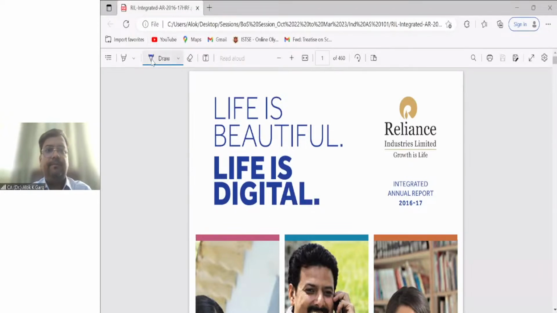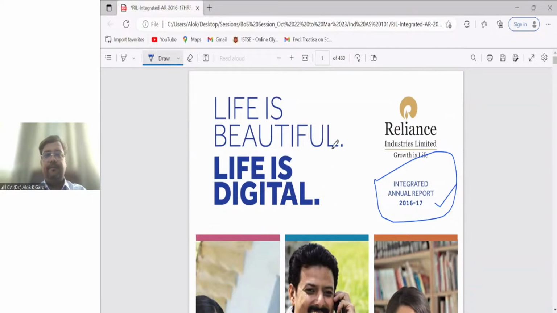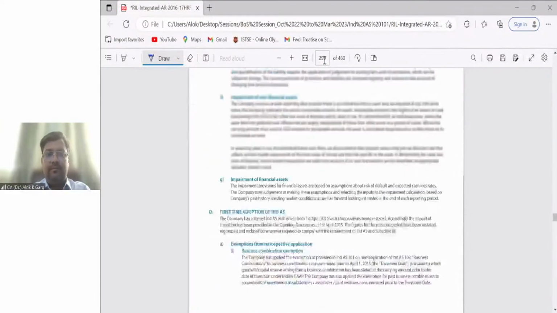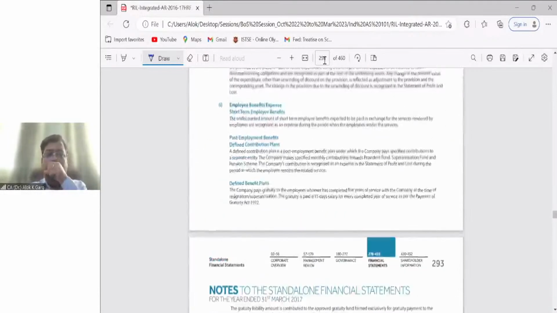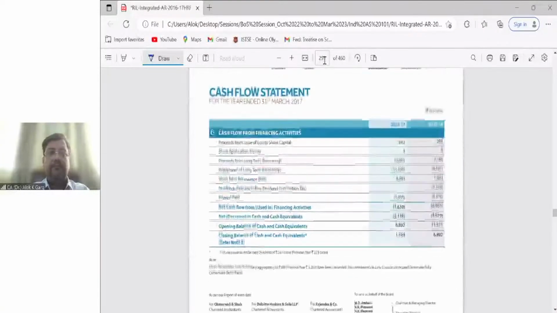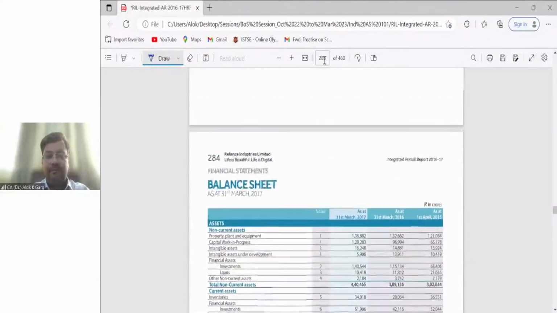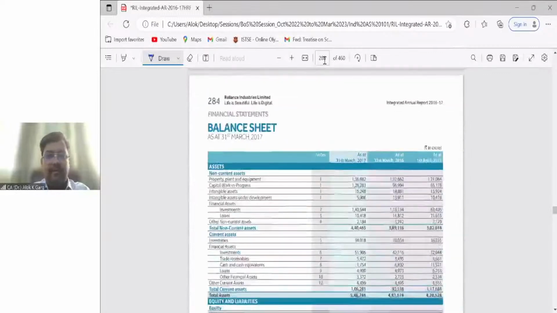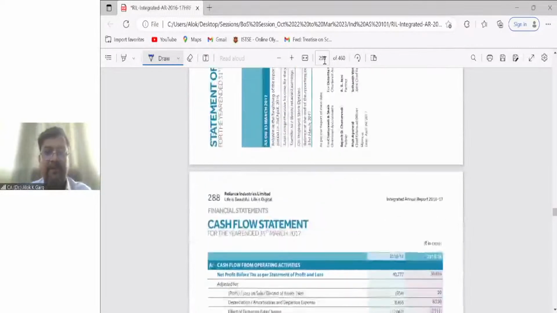You can see that in case of Reliance Industries, this is the annual report for the year 16-17, so they have implemented Ind AS from 16-17. Now let's go to their balance sheet. First of all, let me show you one of the notes, then I'll come to the balance sheet.